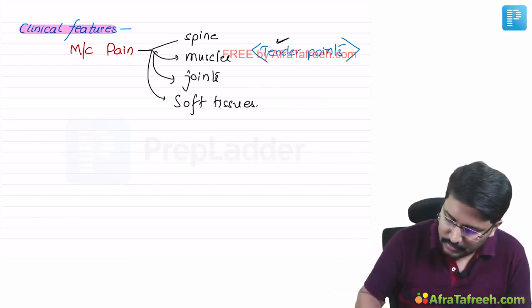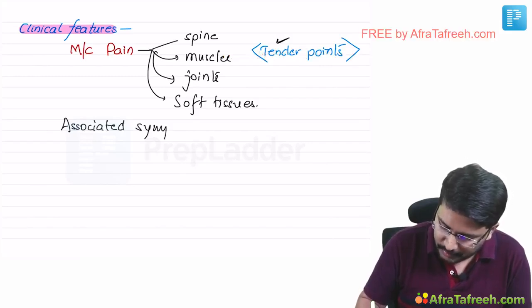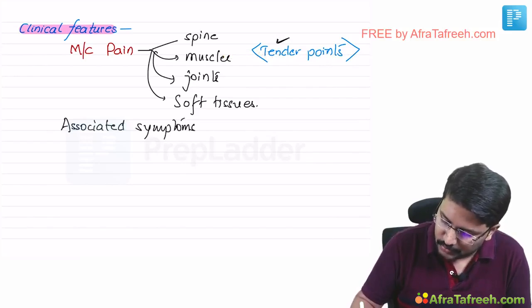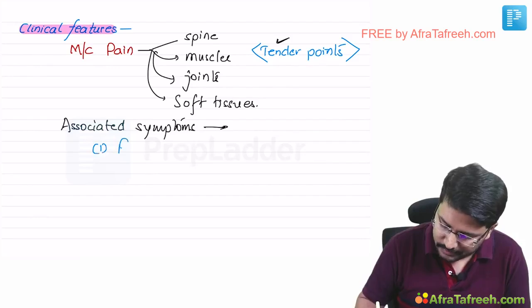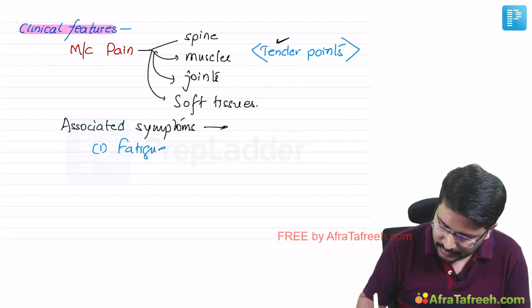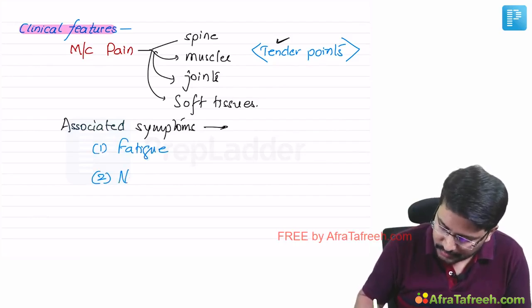Now apart from pain, there are various other associated symptoms and they are particularly important from the treatment perspective. There are two important associated symptoms that one cannot afford to miss. The first one is fatigue. And the second associated symptom I want you to remember is non-restorative sleep.